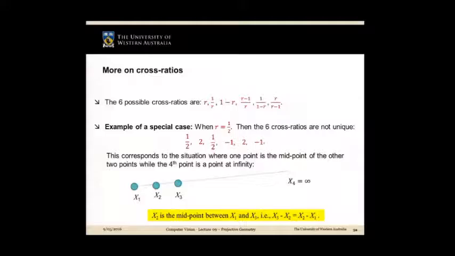But when your ratio is equal to 1 by 2, these values are no more unique, and as you can see, there is a repeatability here. This corresponds to the situation where one point is the midpoint of the other two points, while the fourth point is the point at infinity. Just keep that in mind. When your cross ratio equals half, it represents this situation where one point is the midpoint of the 2 points, and the fourth point is at infinity.